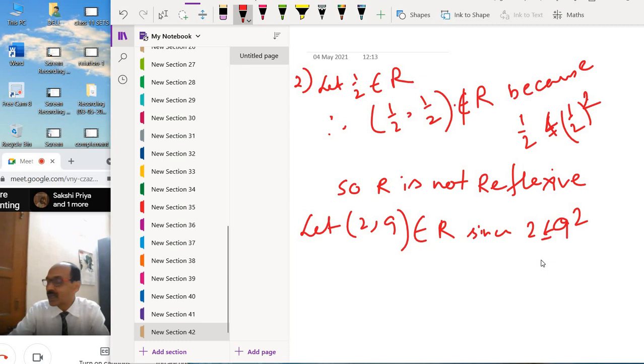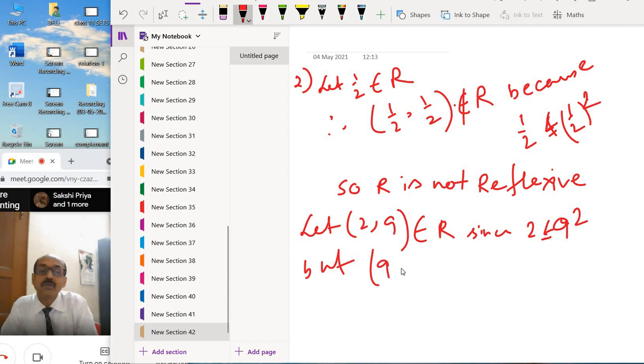Now (9, 2): does it belong to R? For (9, 2), 9 less than or equal to 4 is not possible.